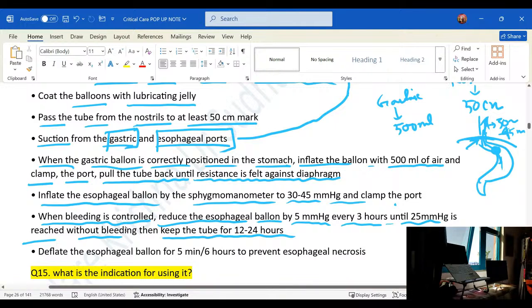Then keep the tube for 12 to 24 hours. Deflate the esophageal balloon for 5 minutes every 6 hours to prevent esophageal necrosis.